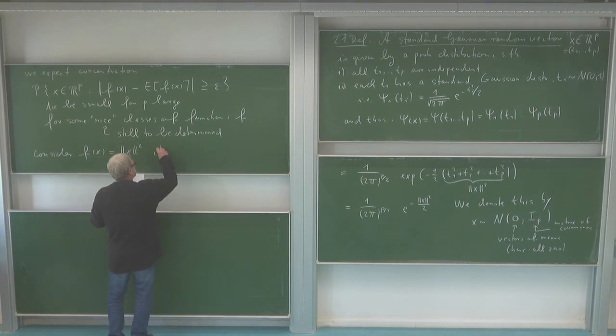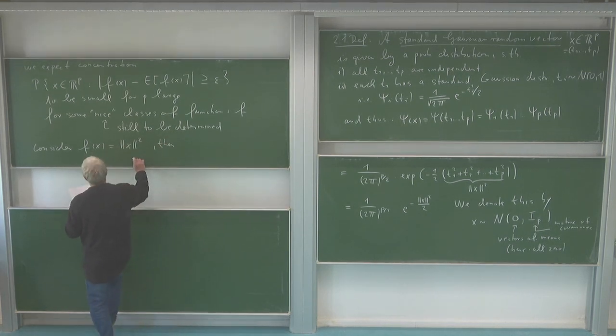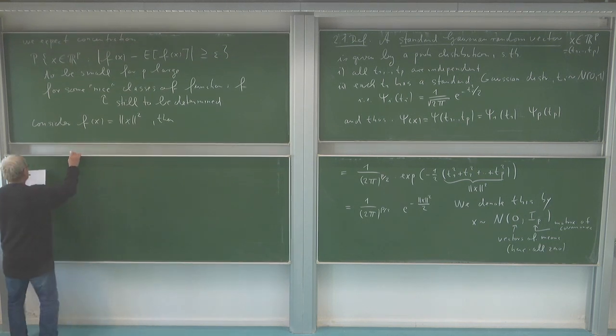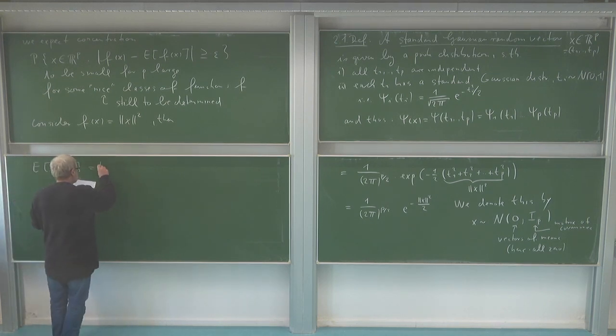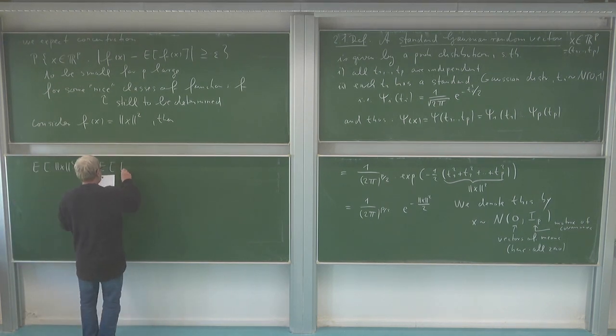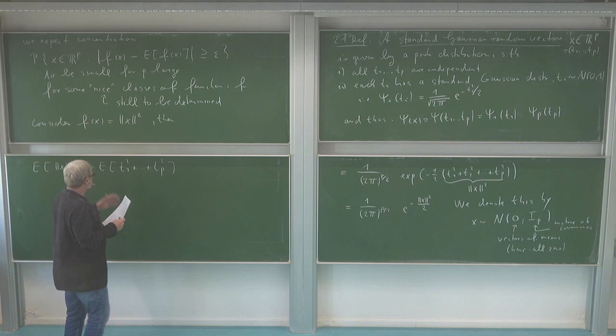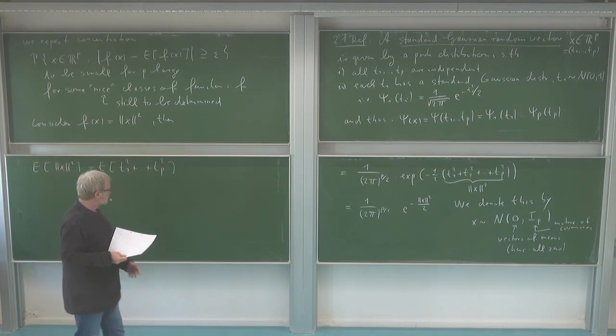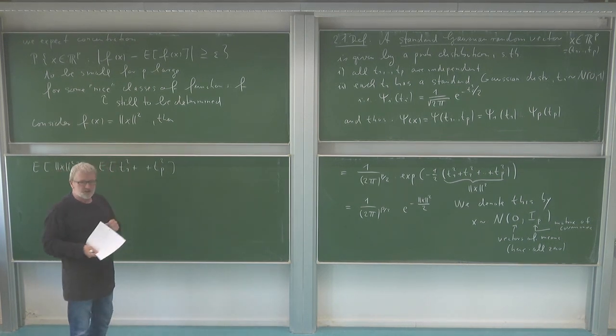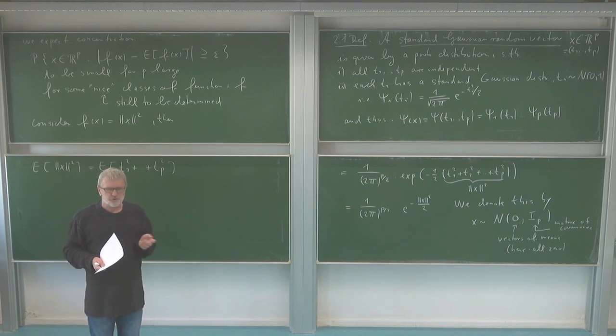And in this case, this is very simple. So if I'm looking at this function, then the expectation of this function, the expectation of the norm of x squared, this of course is the expectation of t1 squared plus t2 squared plus up to tp squared. And now, of course, the expectation is linear, so it's just the sum of the expectations of each of the squares of the coordinates.